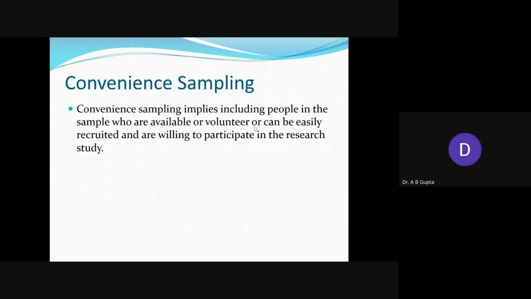They would like to be part of your research. They are willingly ready to participate in your research. If you are able to get some people who are approachable and volunteer to be part of your research study, and you have a sample from those volunteers, they become the sample of your study. So this is called convenience sampling.